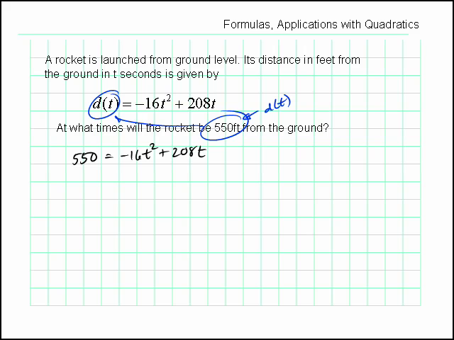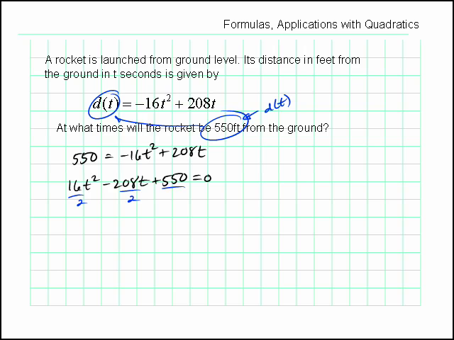I'm going to move everything to the left side, which gives me this equation. And now I don't think that that equation will factor. I could divide everything by 2.